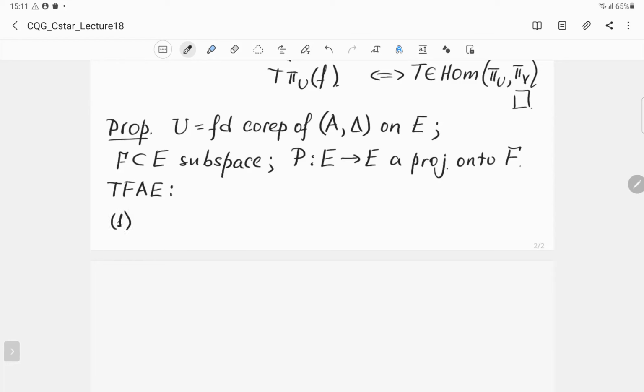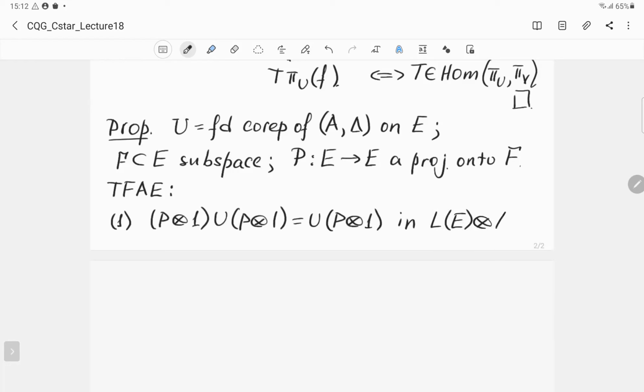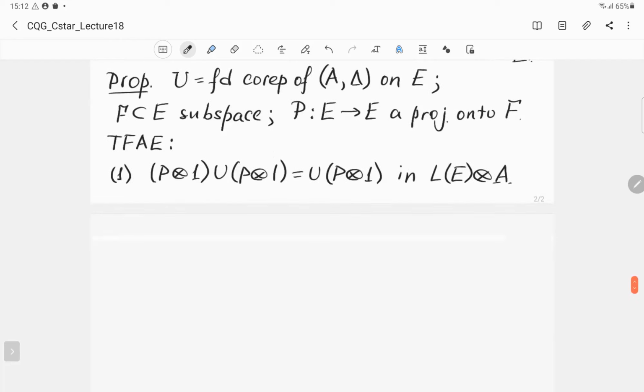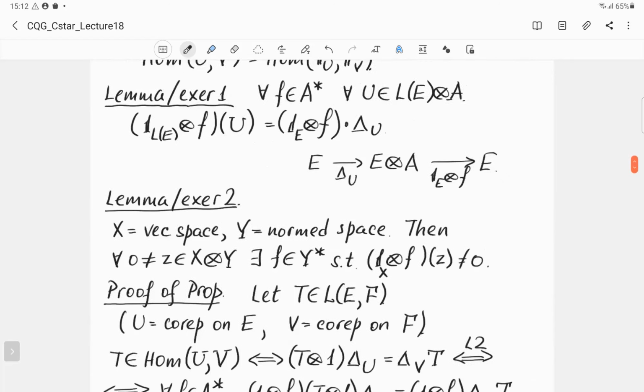Condition 1, we have the following equality: P tensor 1, U, P tensor 1 equals U, P tensor 1. And this identity holds in L of E tensor A. Property 2, U tilde, so we recall that U tilde is an endomorphism of E tensor A corresponding to U. So let's look at this definition once again.